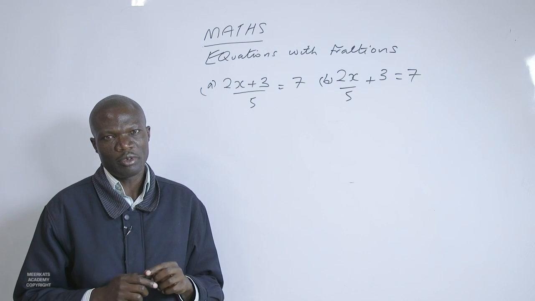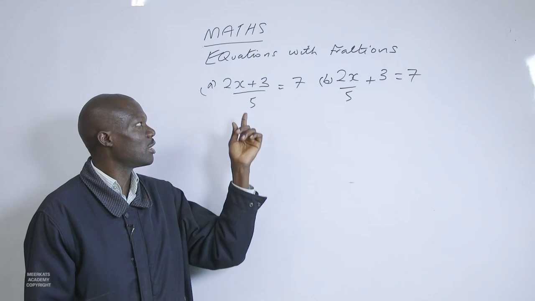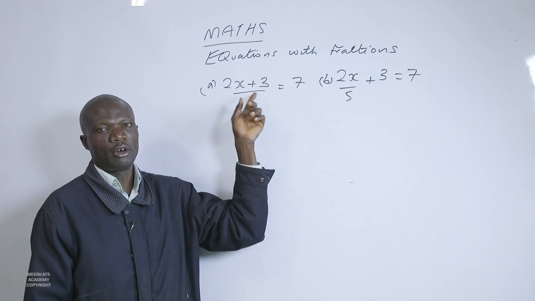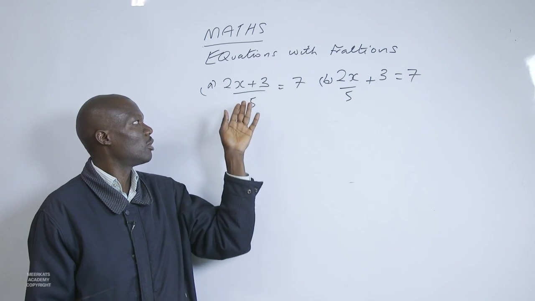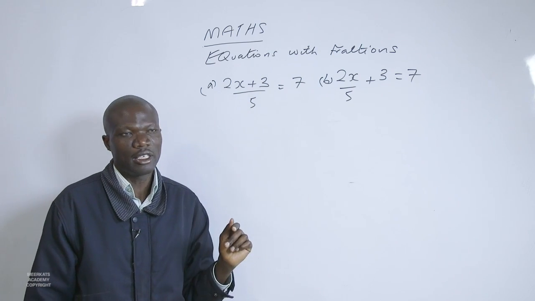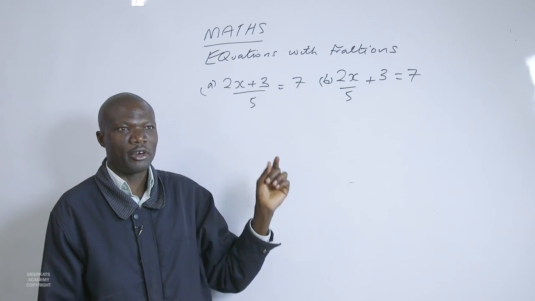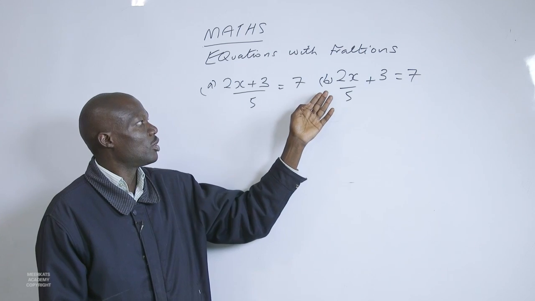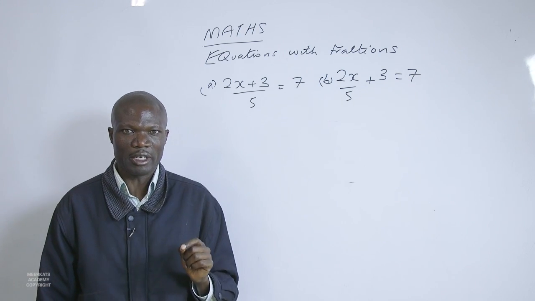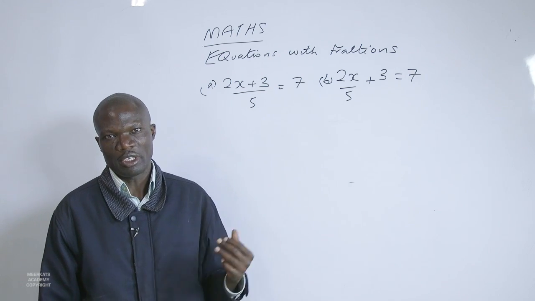I want you to be very keen to observe this. In the first, the bar lies along all the numerator, that is 2x and 3, while here we only have 2x over 5, while 3 is independent. So these are two different situations.